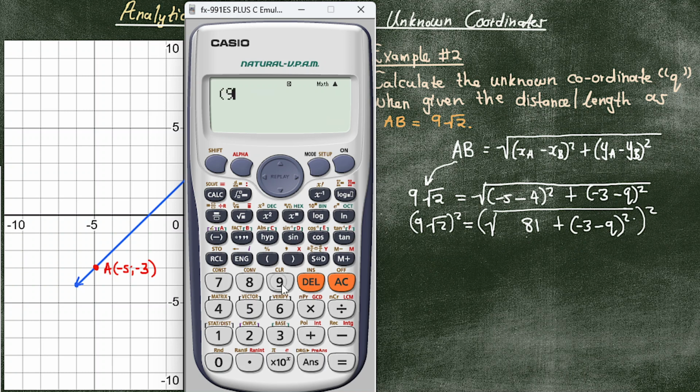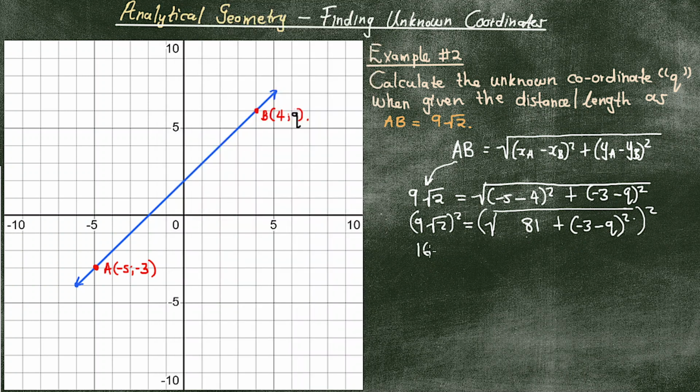Open bracket 9 square root 2 close bracket squared, that's 162, equal to 81 plus minus 3 minus Q. Because the square root is gone, it doesn't mean you have to foil this bracket. Do not foil, that is my advice.